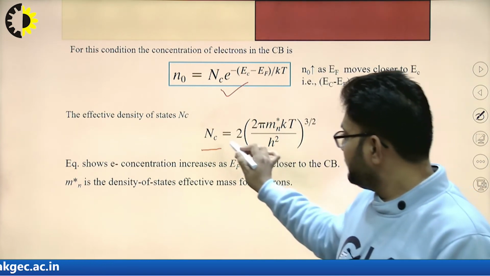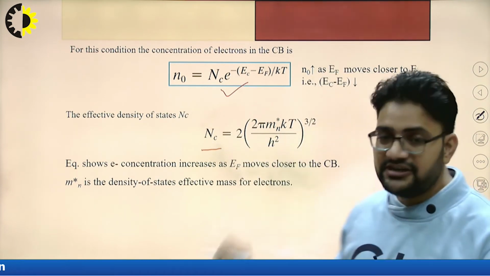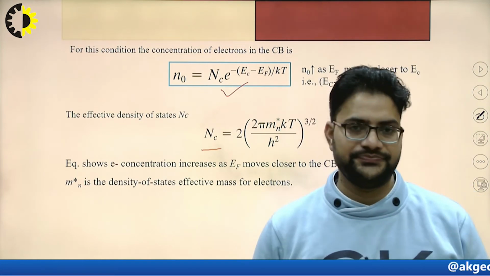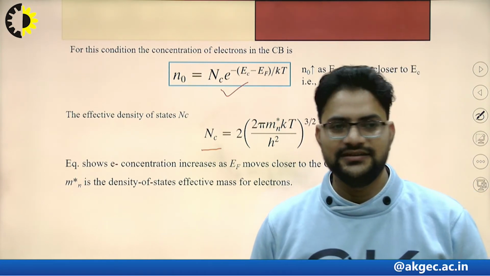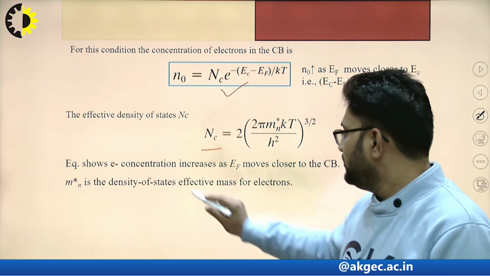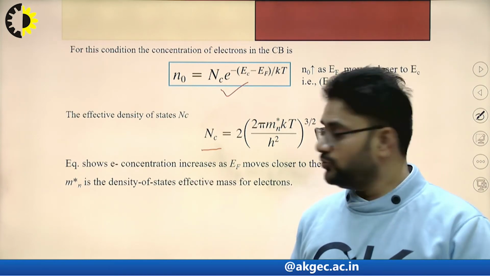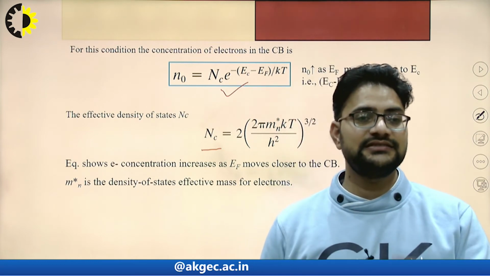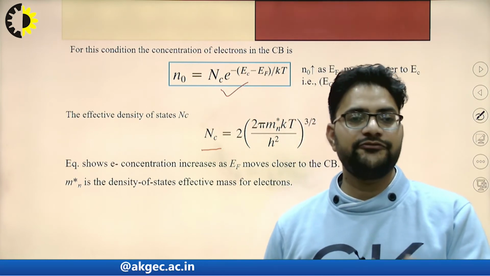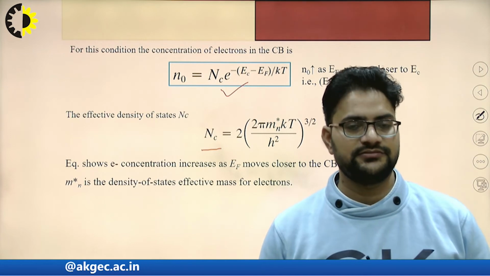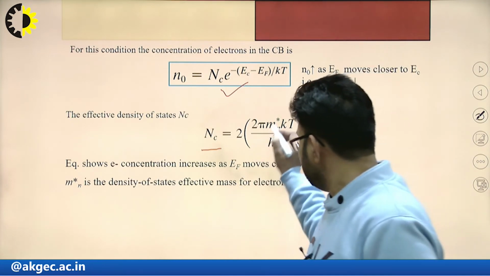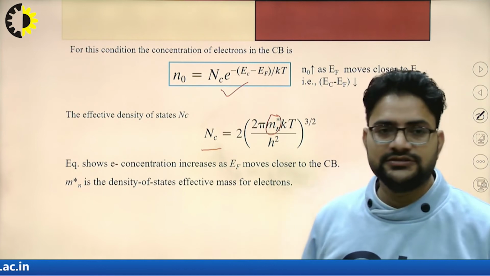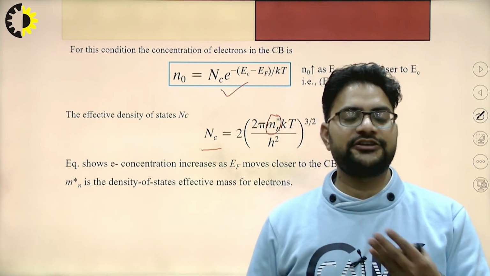So if you see carefully, this Nc is a function of temperature. Next, we also conclude that electron concentration increases when the EF moves closer to the conduction band, where this Mn asterisk is actually the effective mass of the electron.